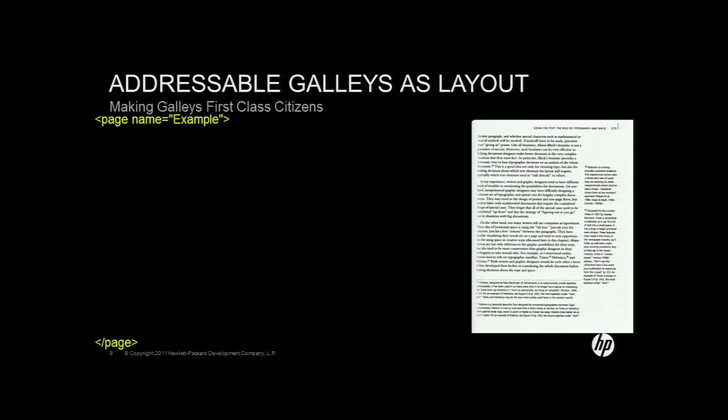In XSL-FO, TeX, and other languages, the galleys are usually implicit. So I define the concept of footnotes, side notes, floats, and all this kind of stuff, but I don't specify them in the layout. I have no way of directing, positioning them, and referencing them in the layout. So the approach introduced here is to allow a designer to actually specify the existence of those galleys and name them.